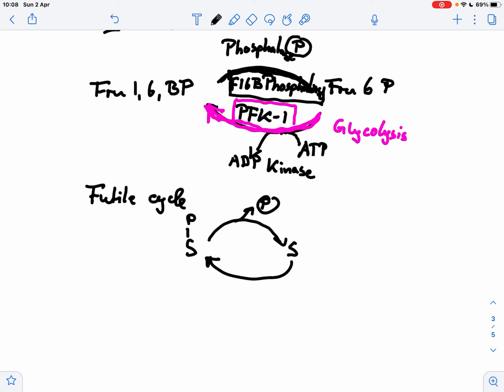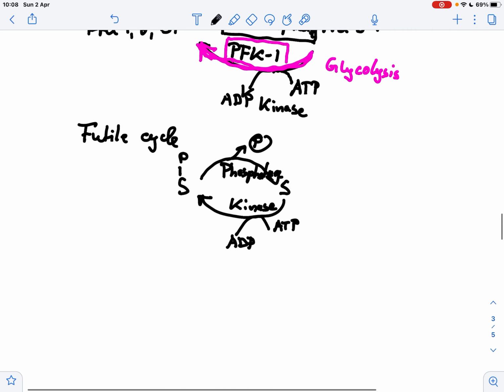And here we have the ATP to ADP, where we phosphorylate it. Here is the phosphatase. Here we've got the kinase. And depending on the activities, we've got a sort of, very often, zero order ultrasensitivity.